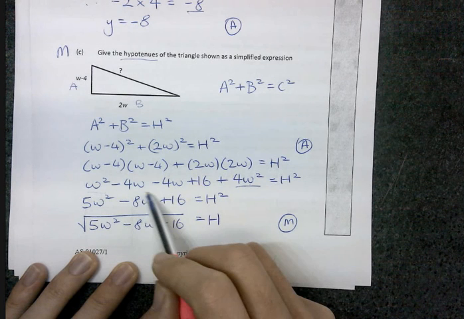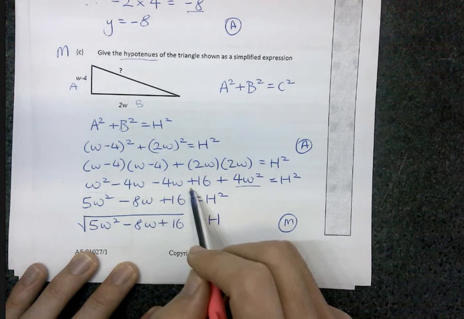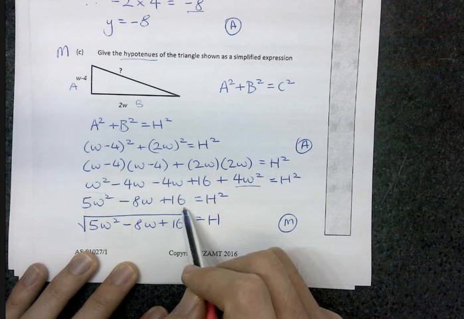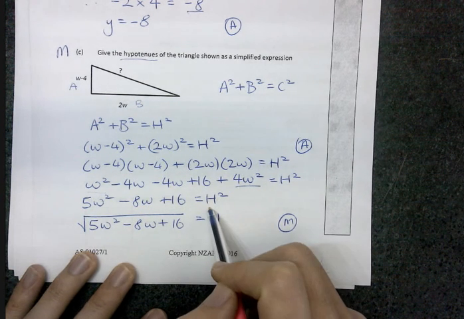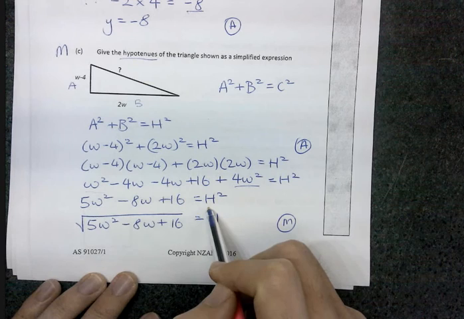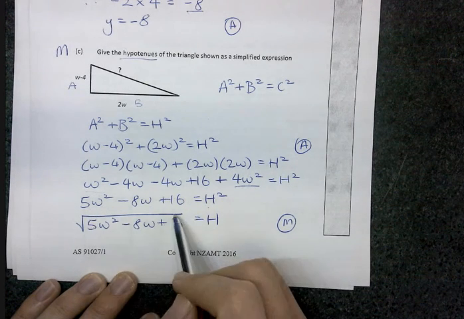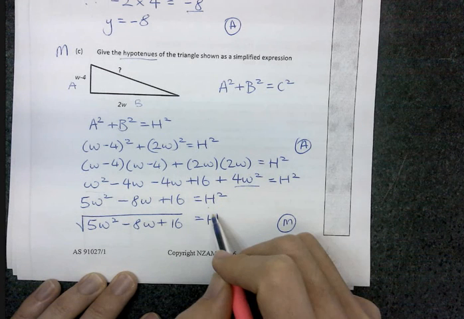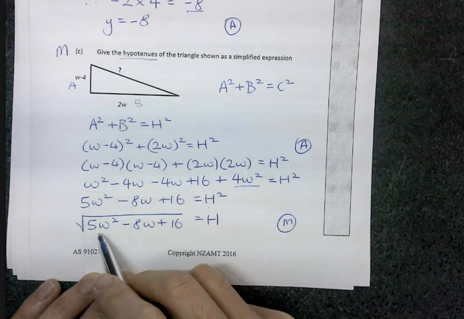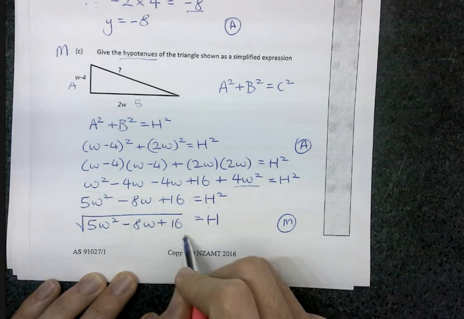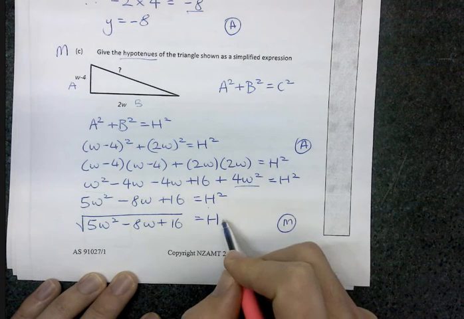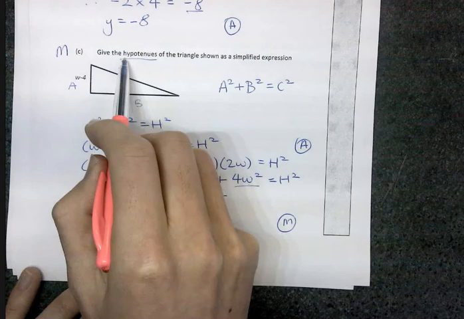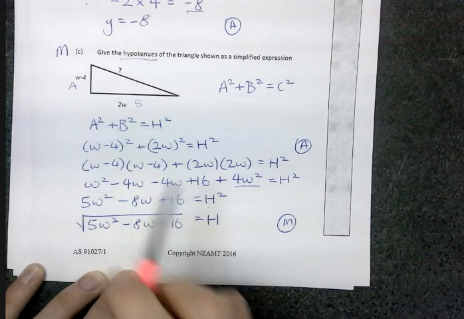And add 16, which would be h². Now you need to square root all of this. So h² square rooted, you would come up with this formula or term here, because they're asking to give the term for the hypotenuse as a simplified expression.